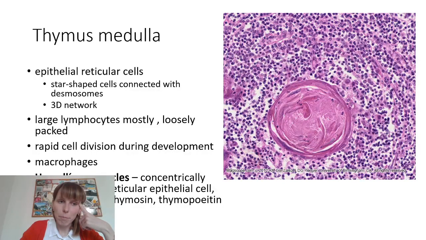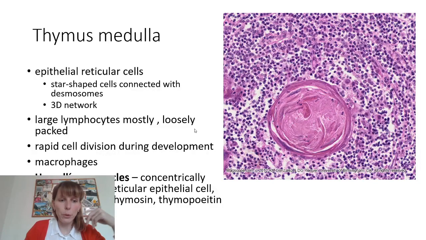And in the medulla, there is something special called the Hassall's corpuscles. These special keratinizing structures, it's not known what their function is. It's probably not functional at all, but these are the epithelial cells which are packed like this and keratinized.